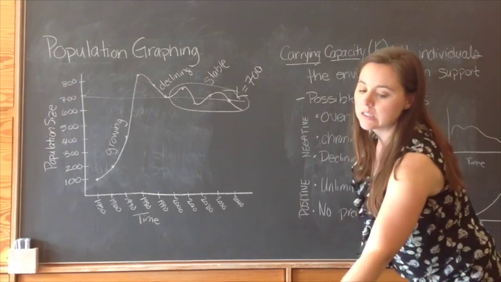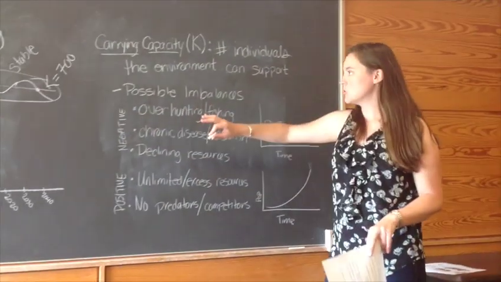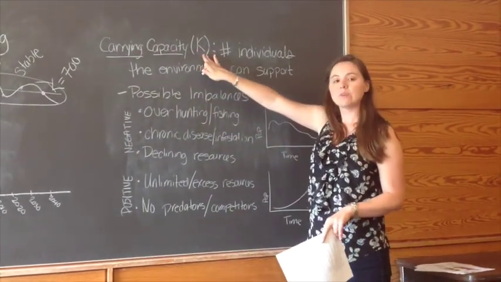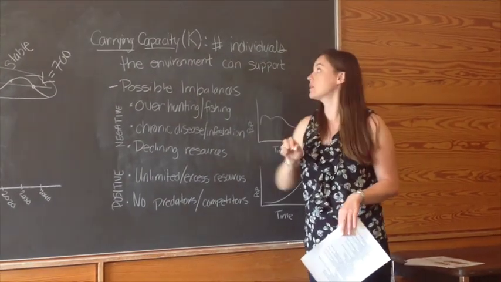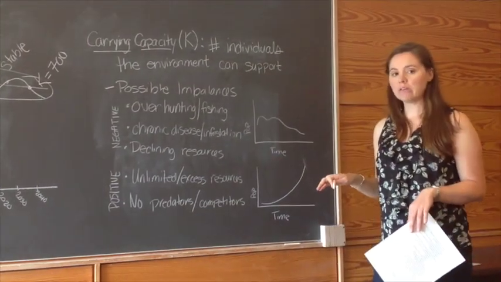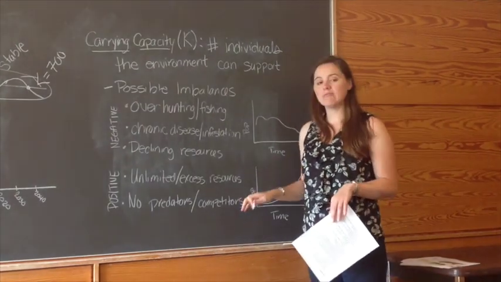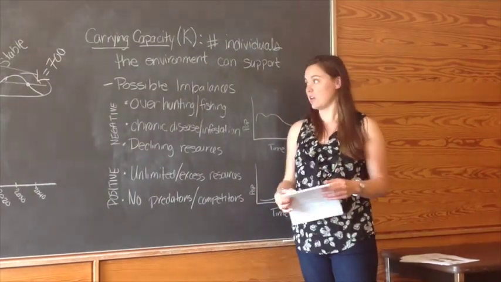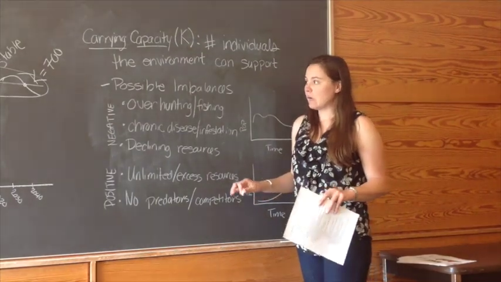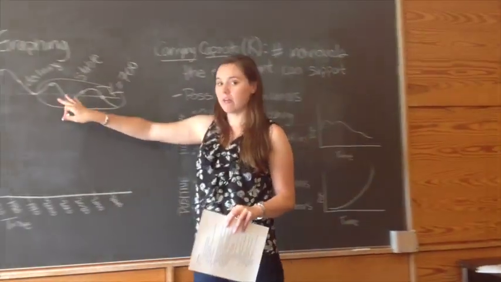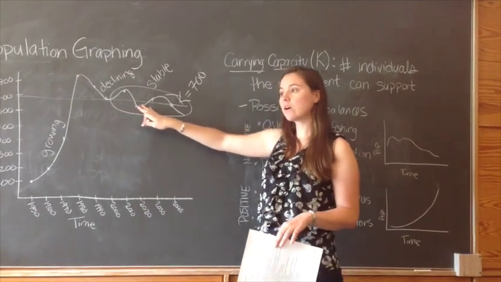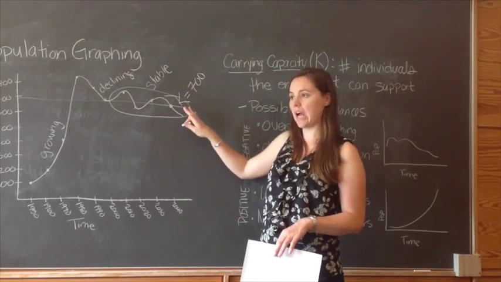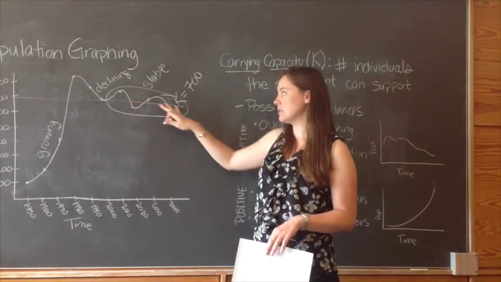Carrying capacity, as we just alluded to, is often represented by the letter K when we're doing mathematical equations with it. It's the number of individuals that the environment can support in a given area. As we see with our graph, populations tend towards a carrying capacity, but they might not end up at one single carrying capacity.